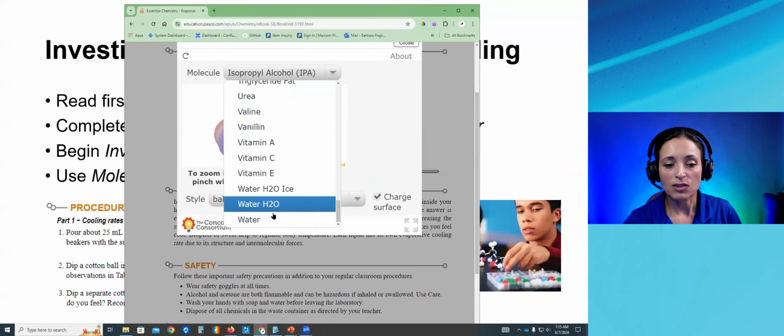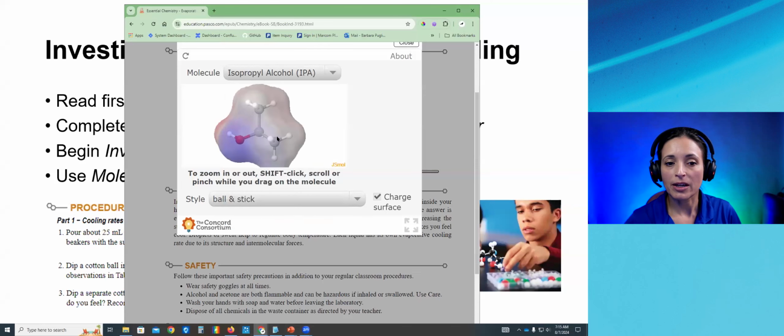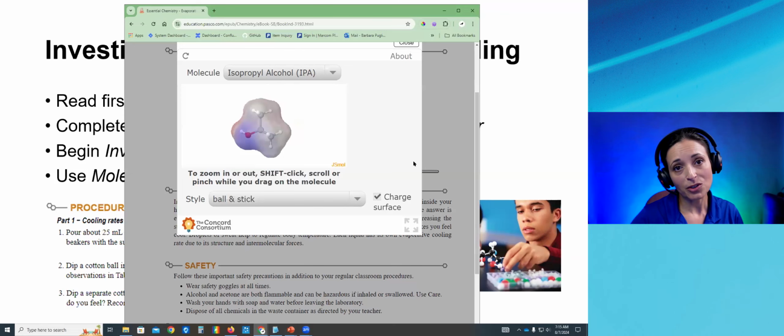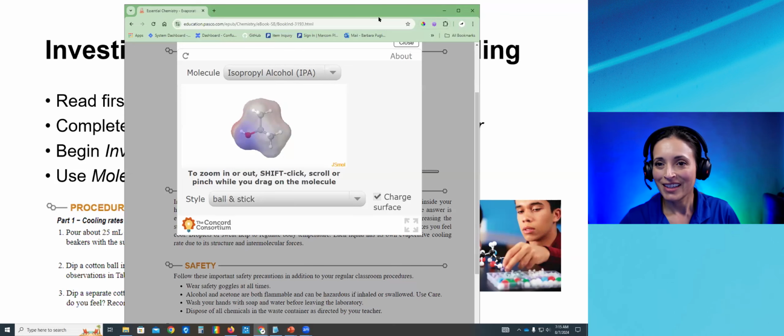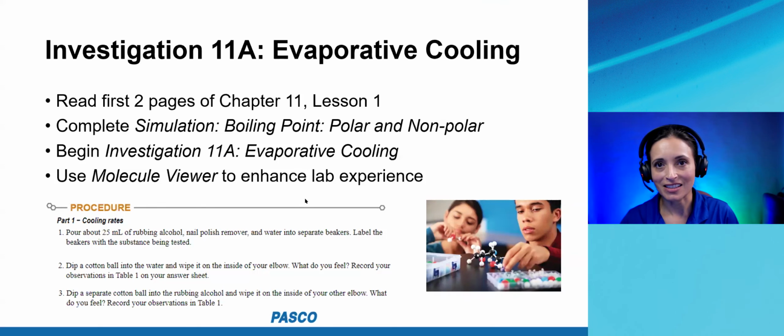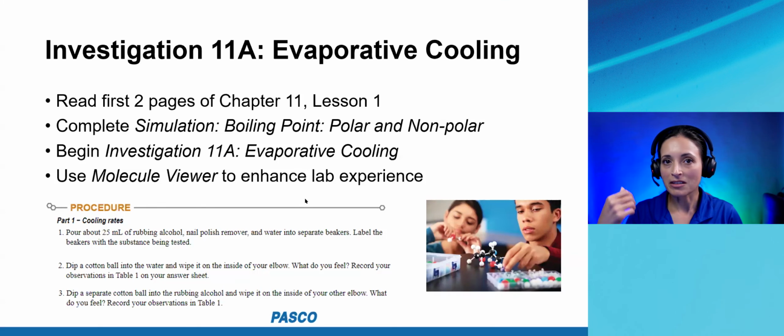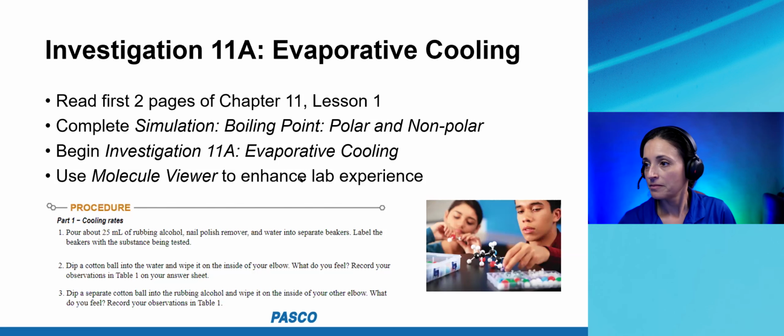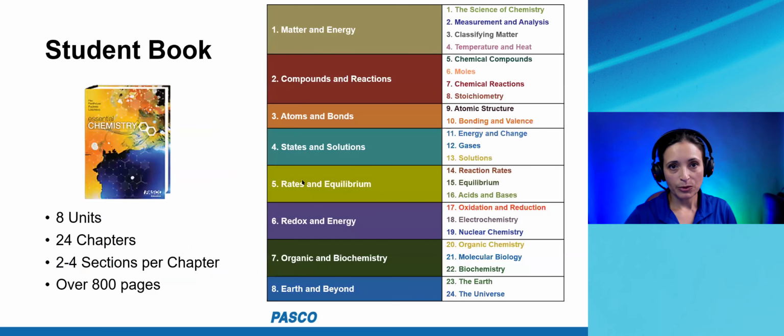And whoops, I can switch to water and make comparisons about the molecular structure. Okay, or I can build the molecules with the kit, which is what the lab says to do. So that's just an example of how you might enhance a lesson with not only the content in the book, but also interactives, a simulation-based interactive where students explore the phenomena, and also the molecule viewer, and then the lab itself.